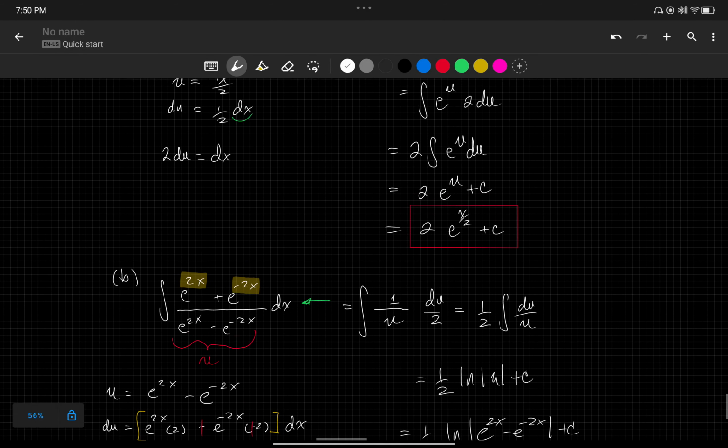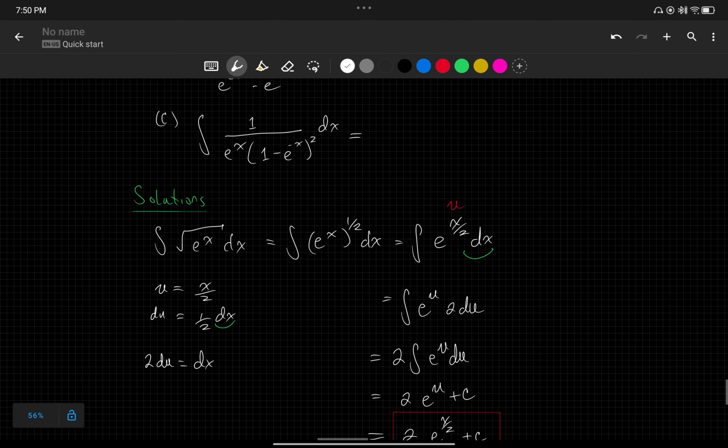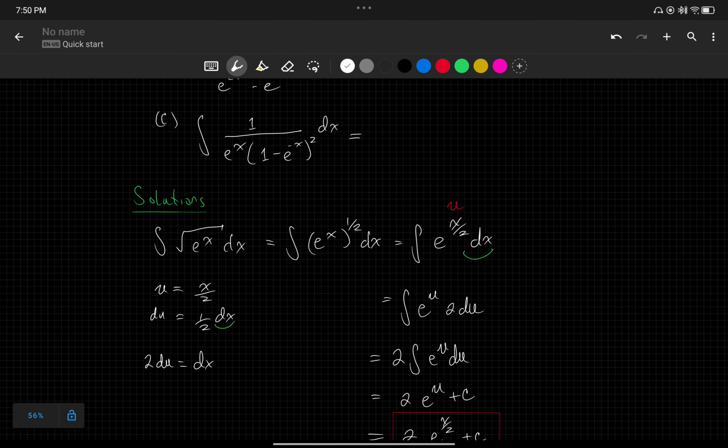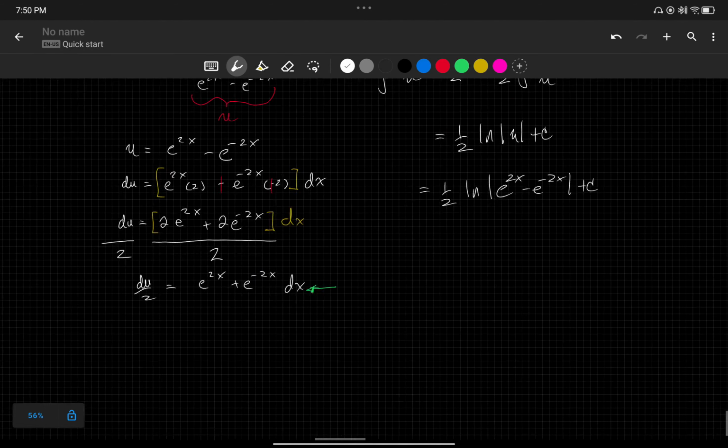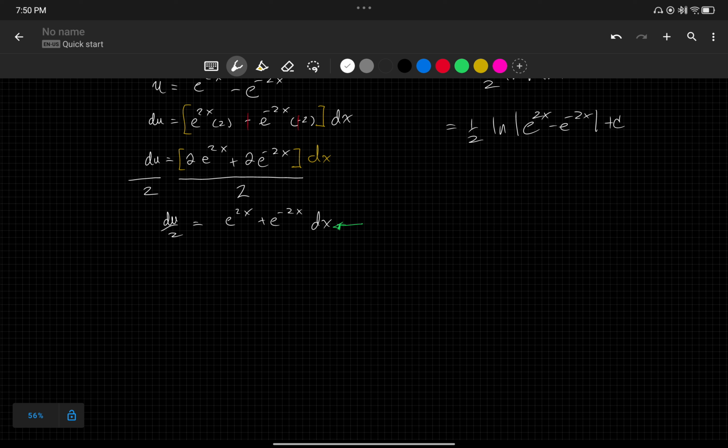All right, that takes care of that one. Let's see, where's the other one? Part C. 1 divided by e to the, okay. Last one. 1 divided by, outside you got e to the x, 1 minus e to the minus x, and then the whole thing, power of 2, dx.